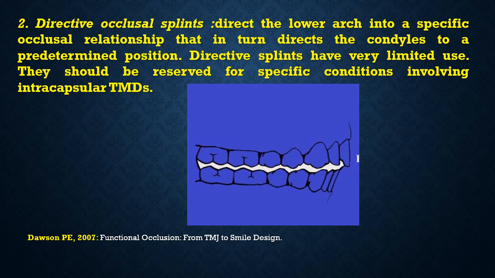Actually, it will encourage the mandible to assume a position more anterior than the intercuspal position, so that it may be useful for the management of certain derangement disorders. But generally, the directive splints have very limited use, and they should be reserved for a specific condition involving the intracapsular TMJ disorders.